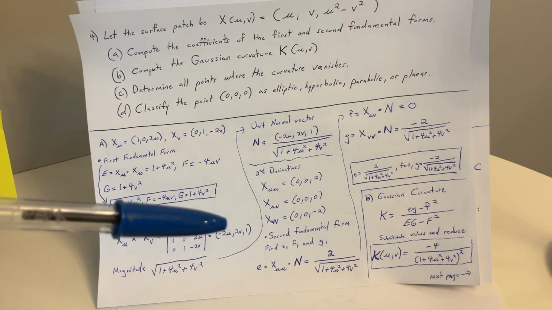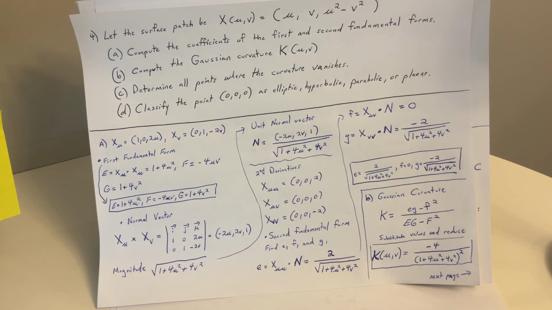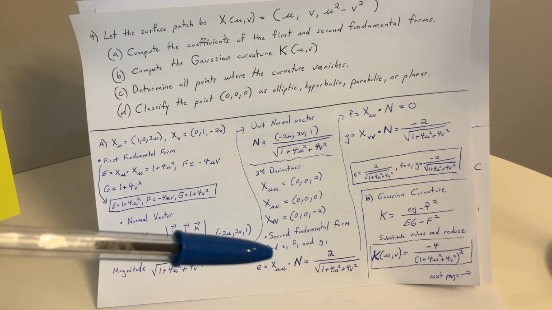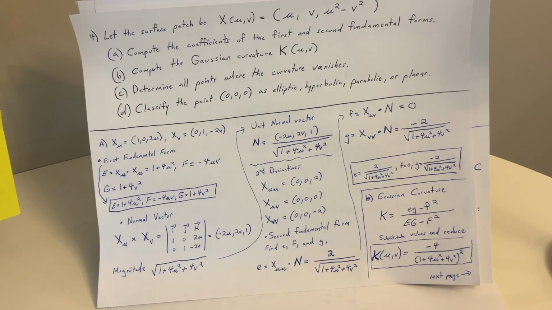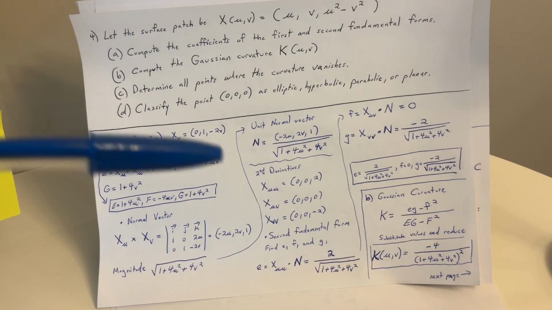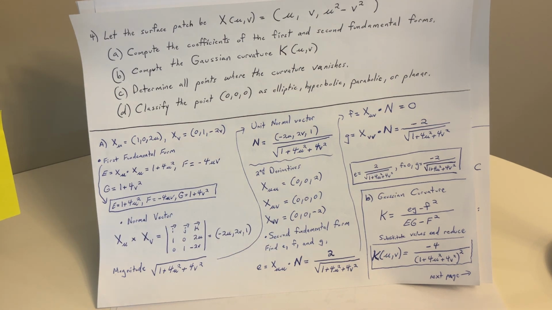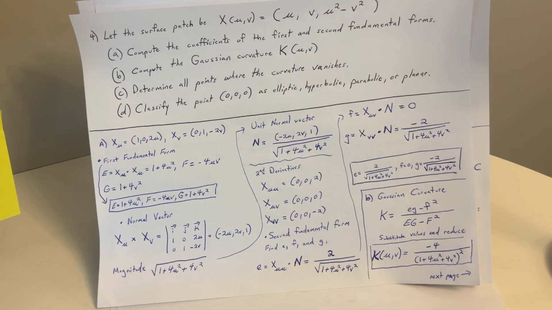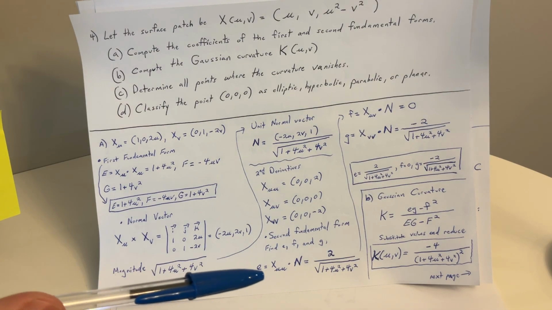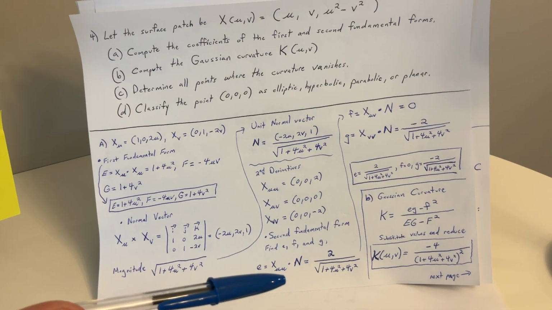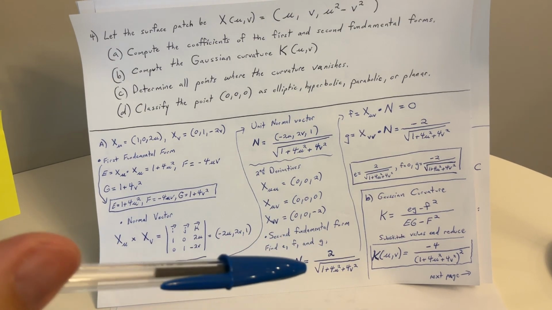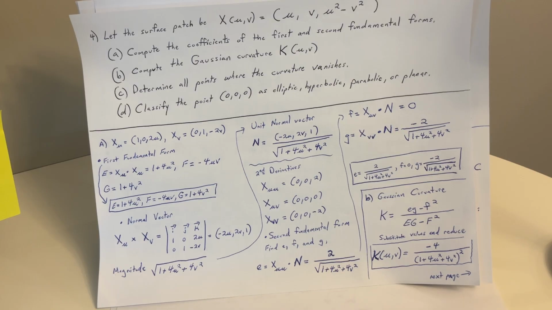So for the second fundamental form, what we have here, we want to find lowercase e, f, and g. So we had the first fundamental form, now we want the second. So lowercase e is x sub uu dotted with n. And when we do that, take the computation, it's 2 over square root 1 plus 4u squared plus 4v squared.